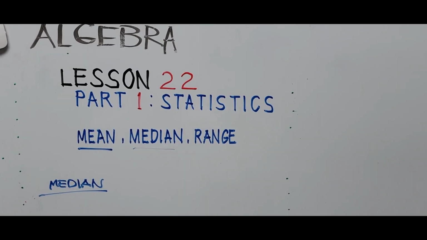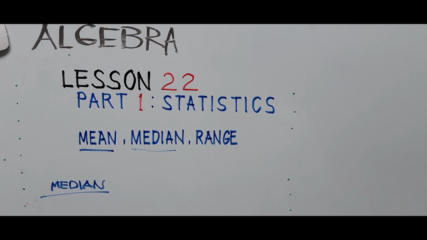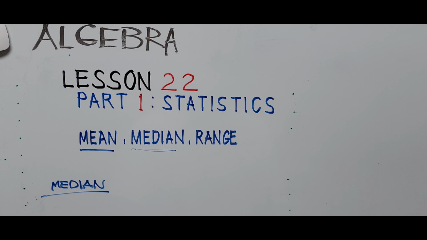So we are now on the second part of our lesson, median. So what does it mean by median? Median is the value that's in the middle of the set of values after the set of values are arranged in order from least to greatest. For example, we're using the set of values 1, 2, 3, 4, 5.